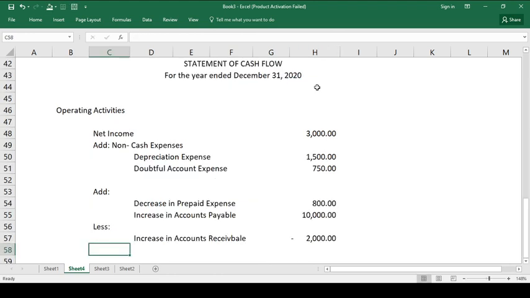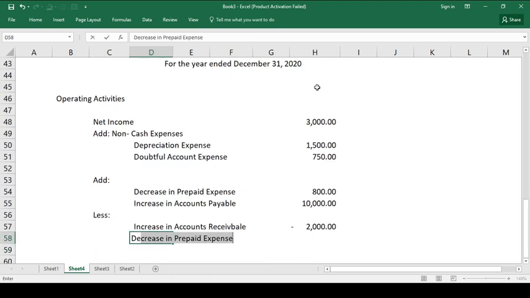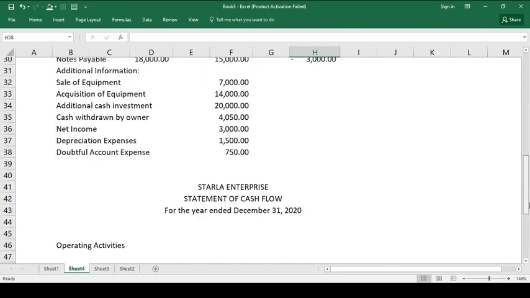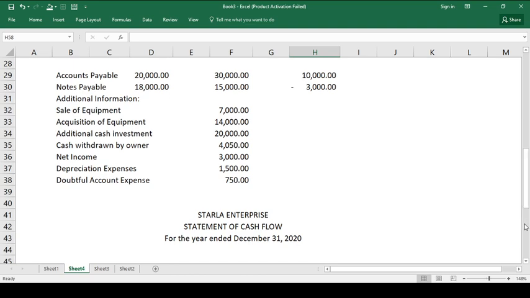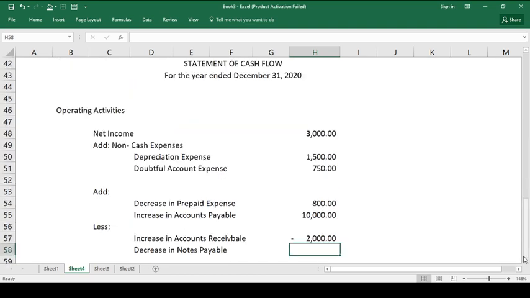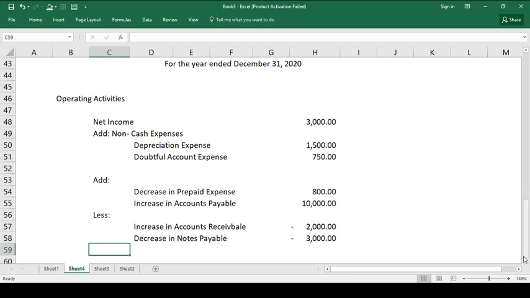Accounts receivable. And then we have a decrease in notes payable, which we considered a short-term note payable. So that's why it is a current liability of 3,000. So there is a 3,000 negative, no? So yun lang, no? So after that, we need to compute that, or we do the mathematics here.